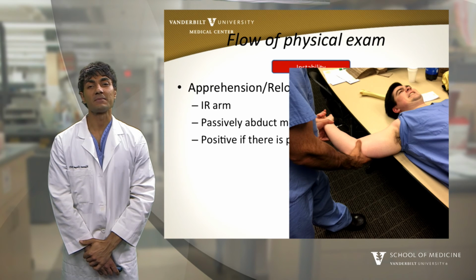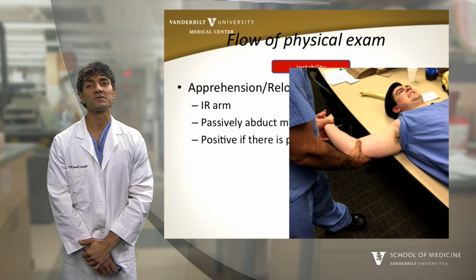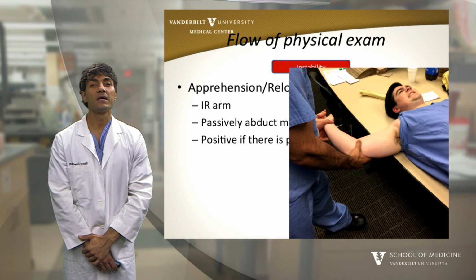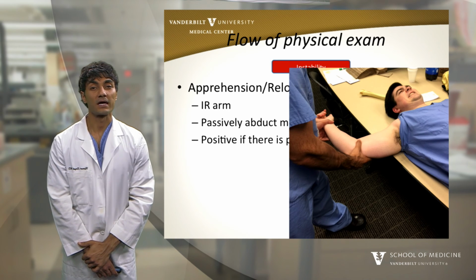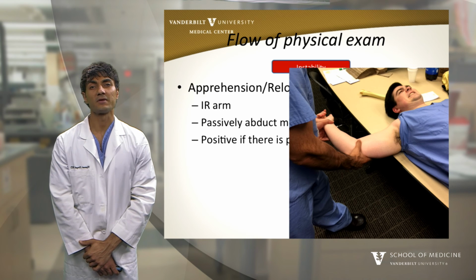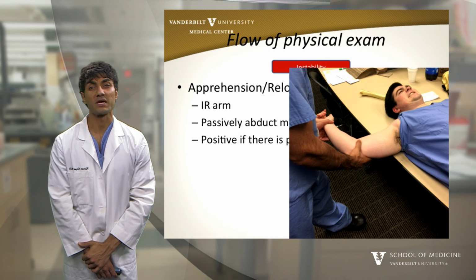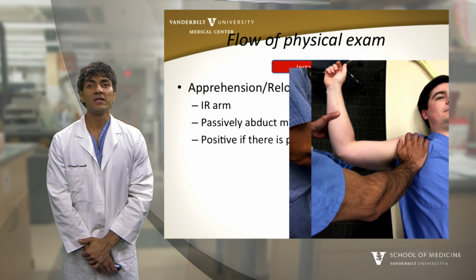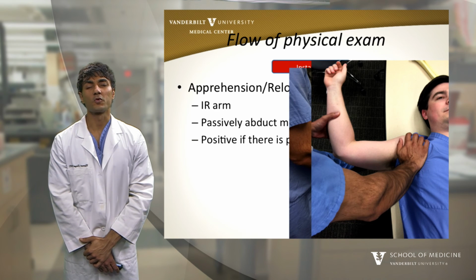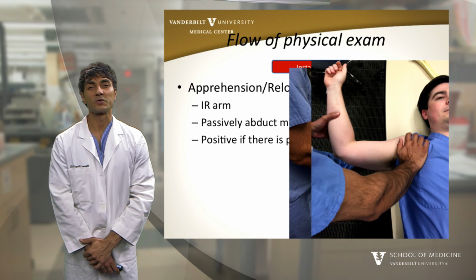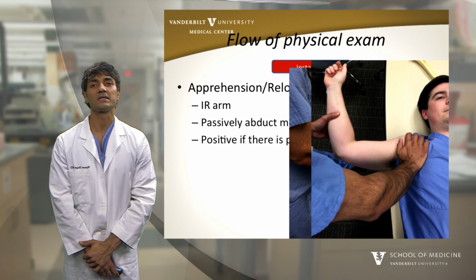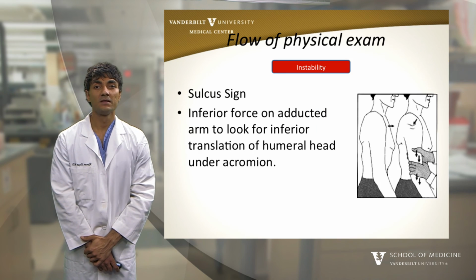Excuse me, you externally rotate their arm as you abduct their arm to 90 degrees, and they will fear that their shoulder is going to dislocate, as is the case in this patient. Then you can apply a posteriorly directed force on the front of their glenohumeral joint, and this will cause a sense of relief, and that's called the relocation maneuver.